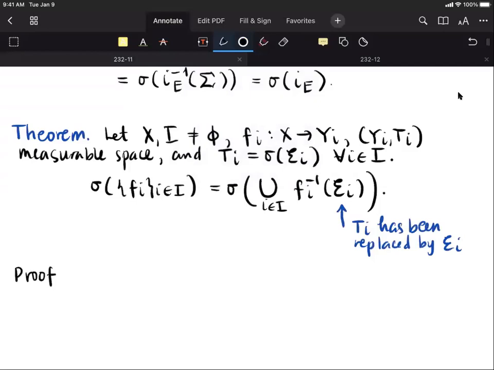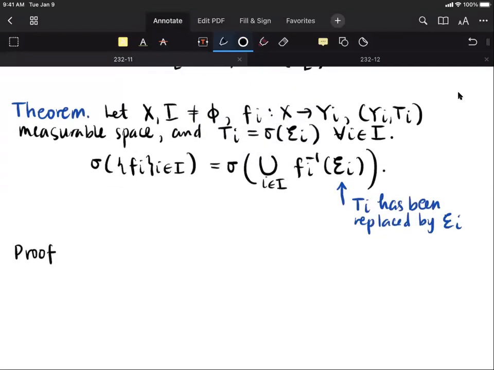So let us look at the proof. For simplicity, let us denote the union as follows.